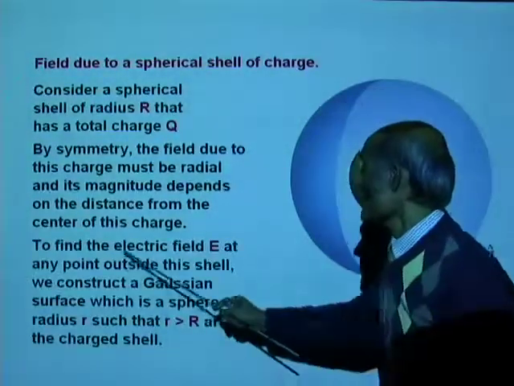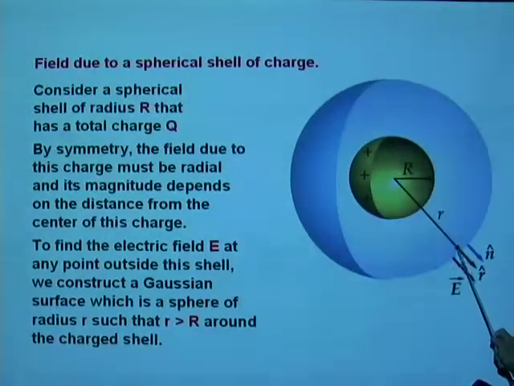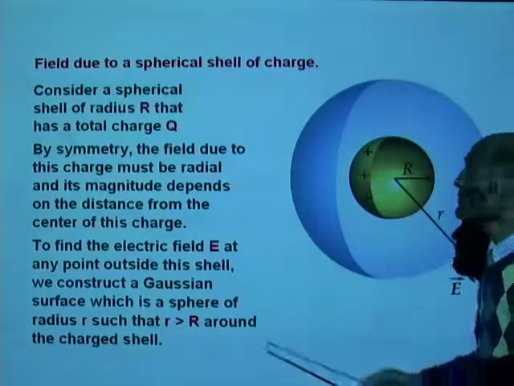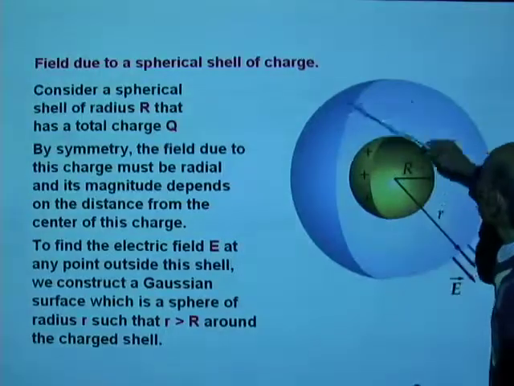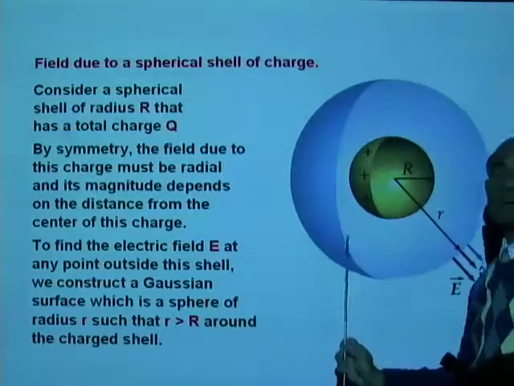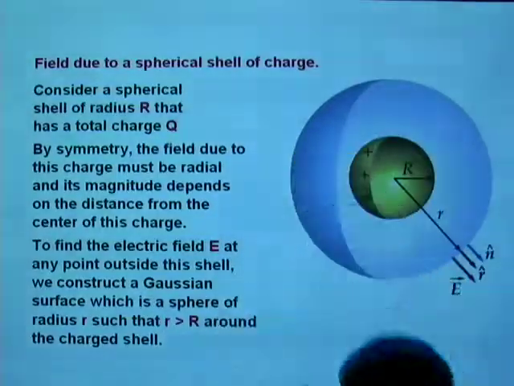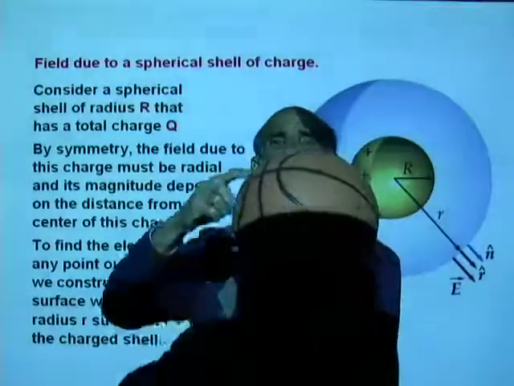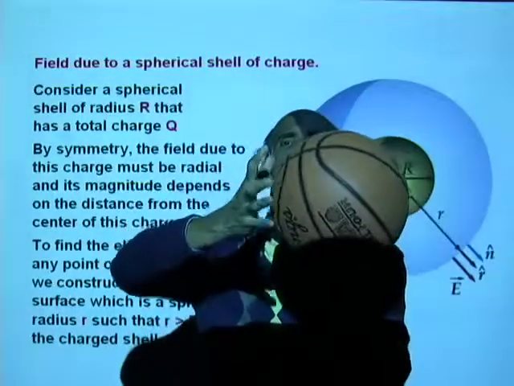Alright? To find the electric field E at a point, say, at this point, what do we do? We construct a Gaussian surface, which is the sphere. Now, this blue sphere, or blue shell, is another shell. I want to find the electric field at this point due to the charge on the shell.